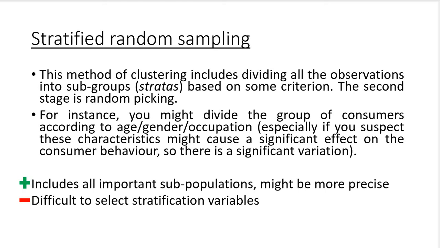So you have some prior evidence about the importance of age or about the importance of gender, and then consequently you divide people into subgroups according to gender and age. However, this is not always the case. That's why sometimes if you go for this sampling method, you might struggle with selecting proper stratification variables.